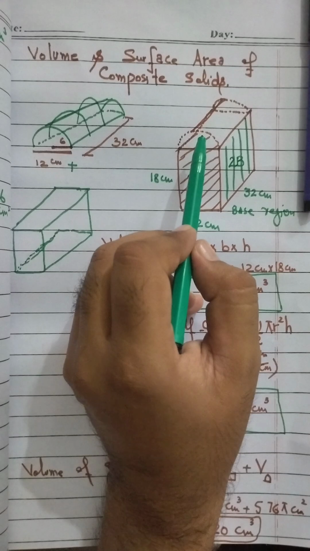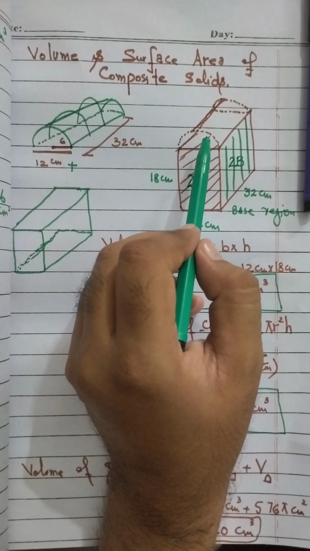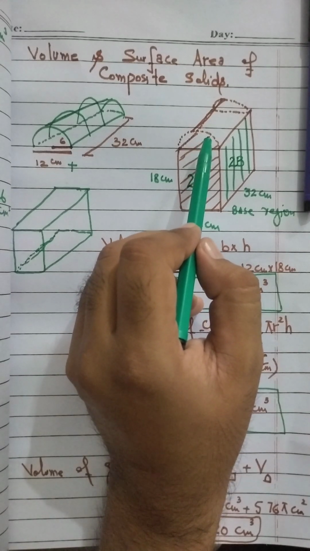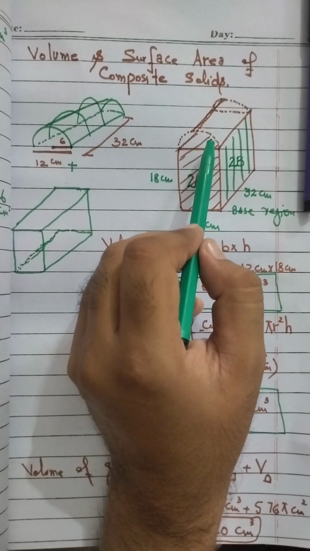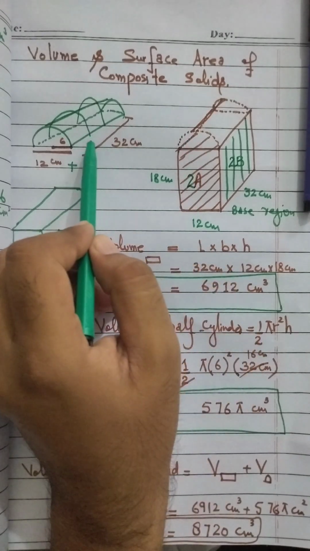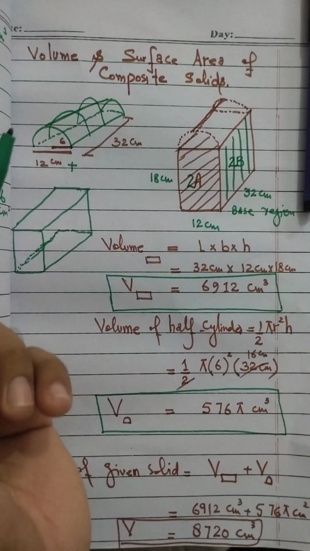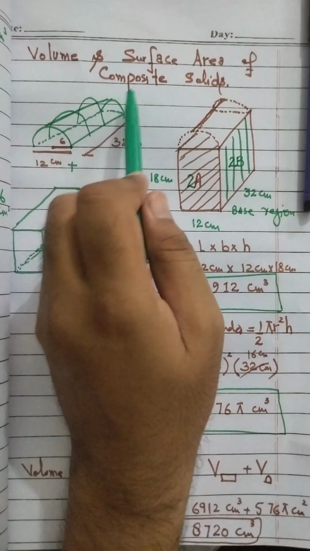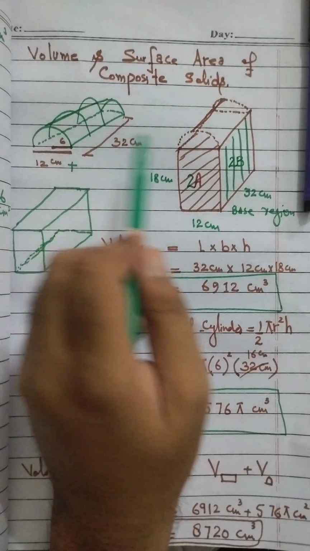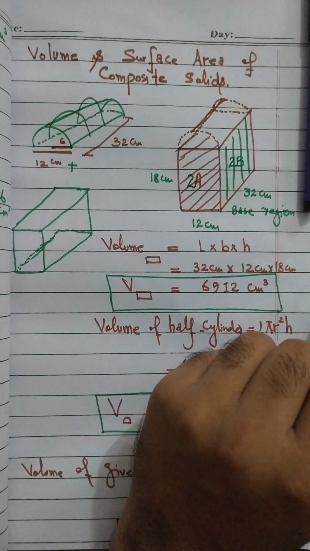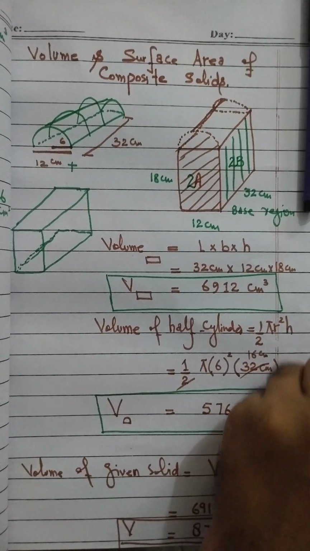We know that the surface area of a cylinder is given by 2 pi r square plus 2 pi r h. As it is half, it will obviously be divided by 2, and we get this surface area. So this is what we are going to do in the next part. Let's move to the solution.